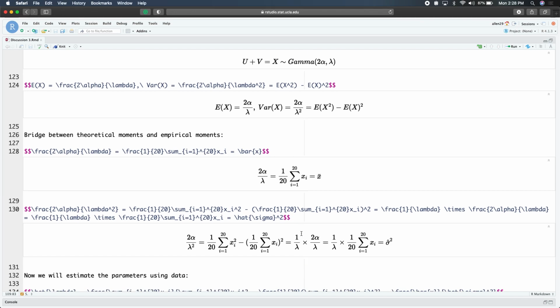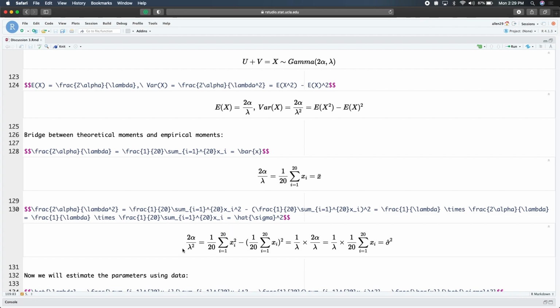We also have the other quantity for the variance, 2 alpha over lambda square. The left-hand side is the theoretical second moment, or the theoretical variance, and on the right-hand side we are going to use the sample variance, or expectation of x squared minus the expectation square.